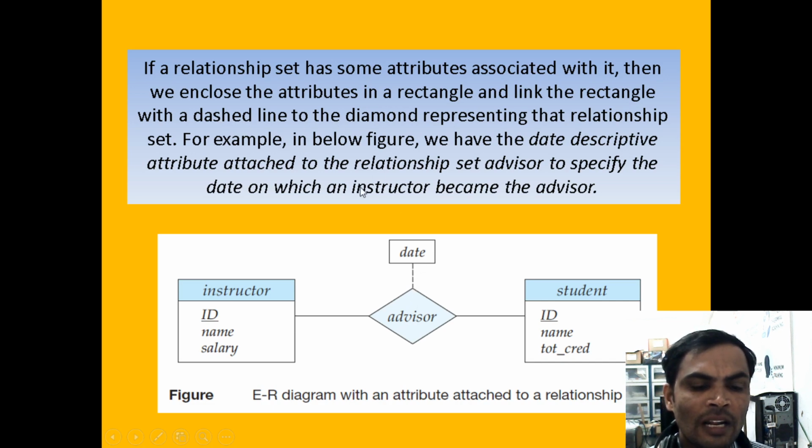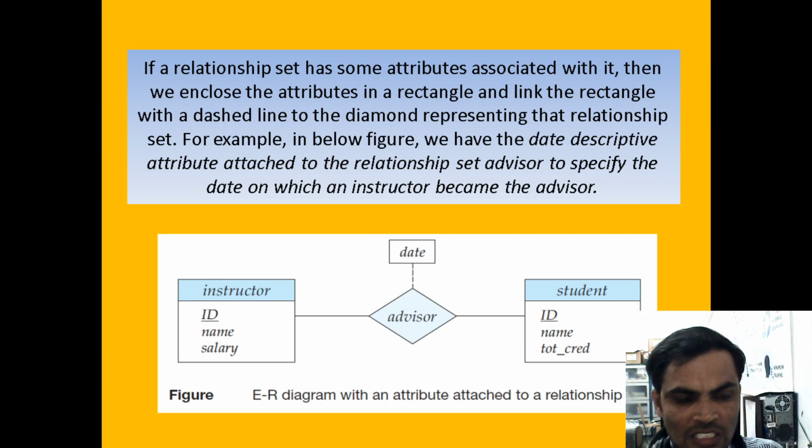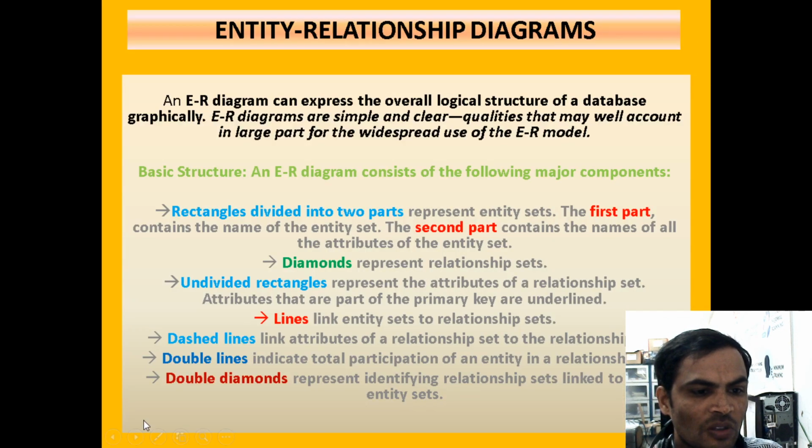Under the components, the dashed line links the attribute of the relationship set to the relationship set. The dashed line in the ER diagram links to the attribute of the relationship set.